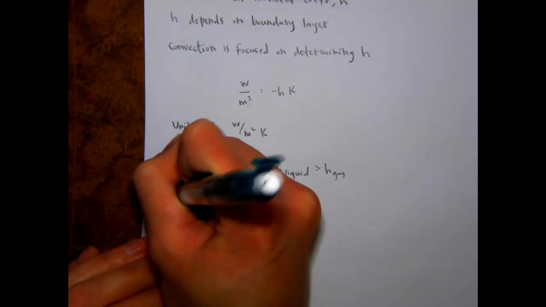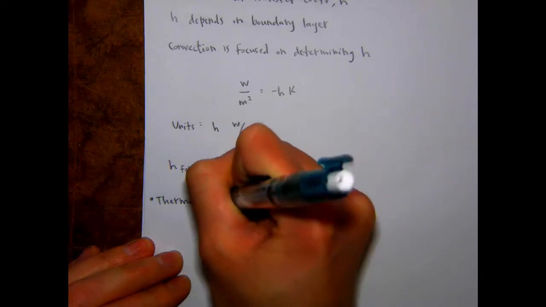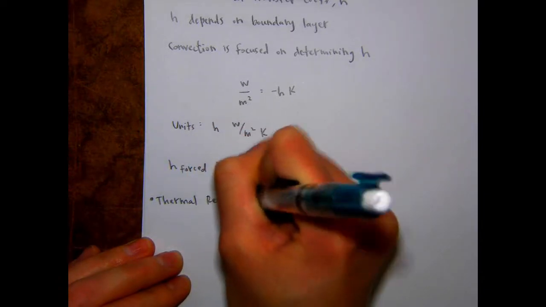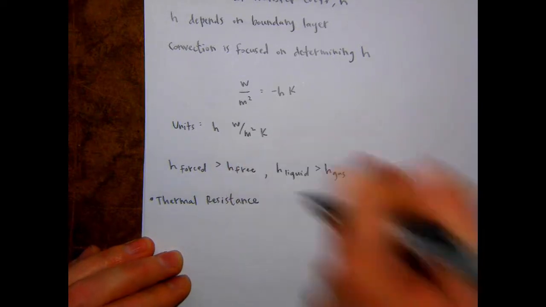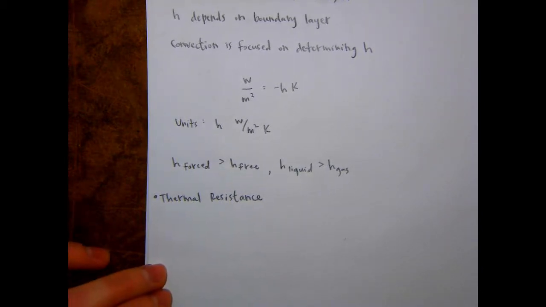Let's move into this concept called thermal resistance. This is really just a relabeling of something that we already know, but it's going to make it easier to work complex combined problems with convection and then conduction through composite materials.